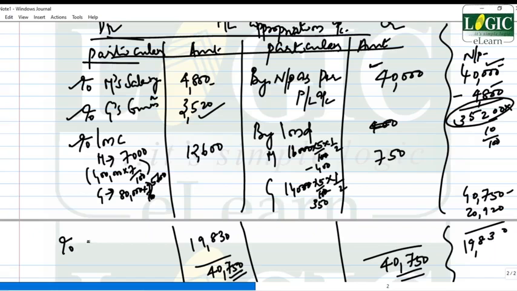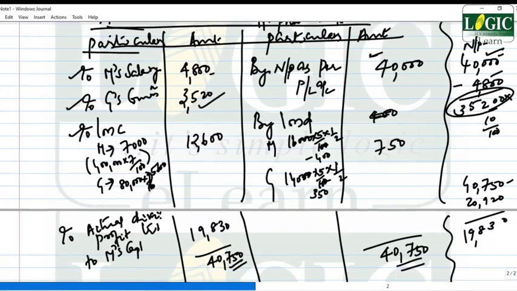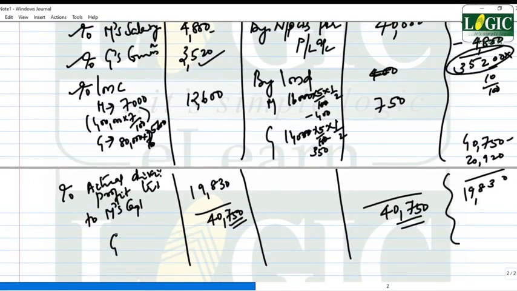What it is, actually, is the divisible profit transferred to the partners' capital accounts. How much goes to each? They are equal partners, right?